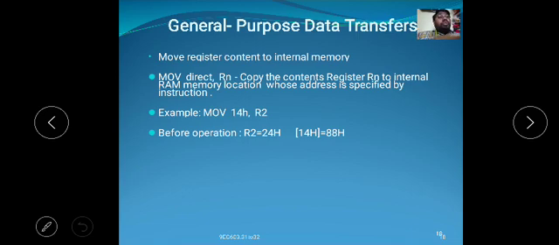Example, MOV 14H, R2. Before operation, R2 is equal to 24H and 14H is equal to 88H. After operation, R2 is equal to 24H and the memory 14H is equal to 24.